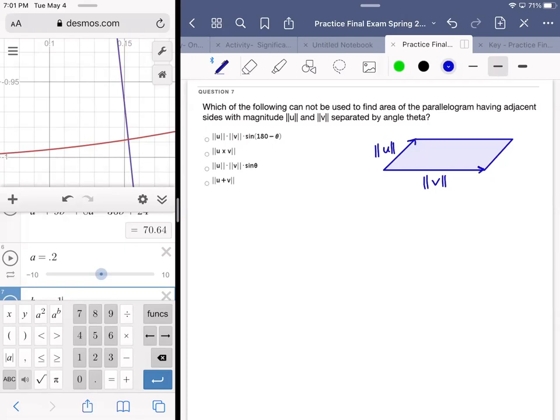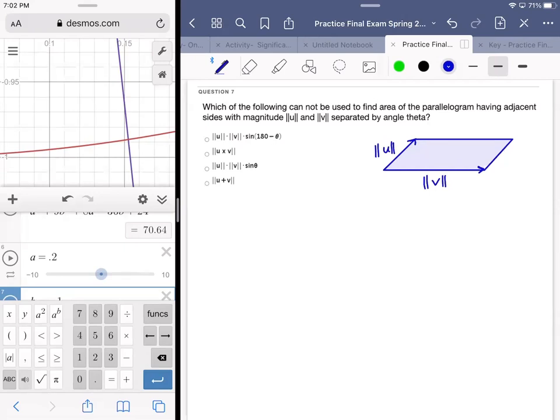All right. So we can do a couple of things when we're trying to find area, but we can also not do a couple of things. So that's kind of what this is getting at here. All right.